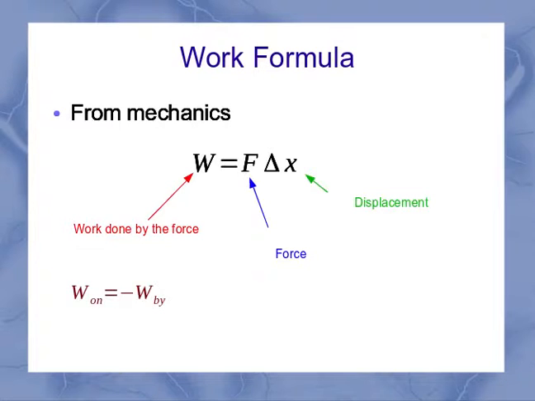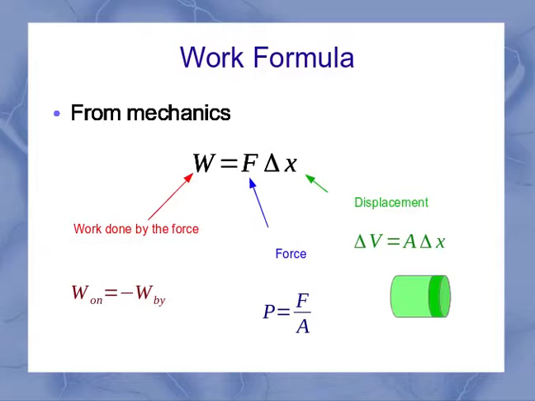What we really want is the work done on the gas, which is always the negative of the work done by the force. And in particular, force, as applied to a gas, is expressed through the pressure, which is the force per area. So if you know the pressure and the area, you've got the force. Similarly, for a gas, we can express the volume in terms of the area and that horizontal distance. This is easier to see if I draw you a little cylinder here.